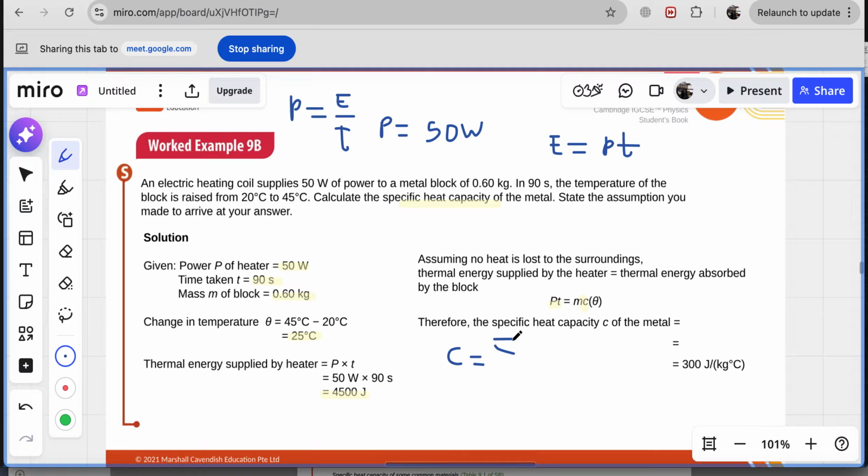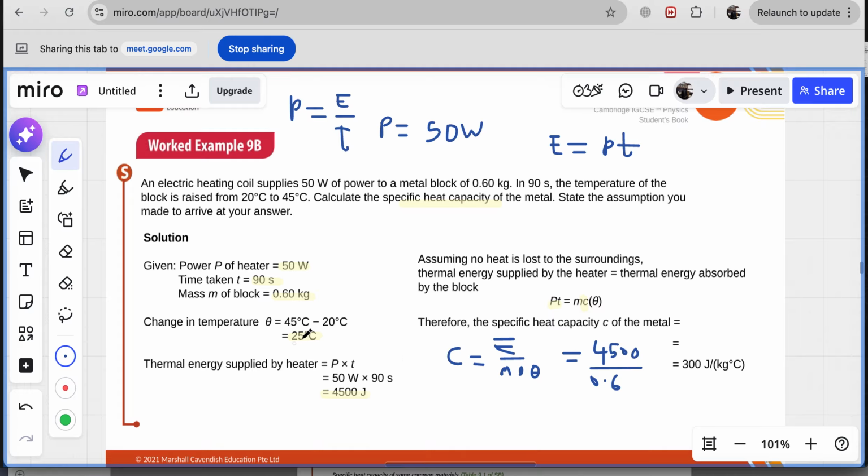If you don't want to say PT, you just write energy, if you are used to energy. Energy over mass times change in temperature. So what's your energy? 4,500. You write 4,500 divided by your mass, and mass is 0.6.